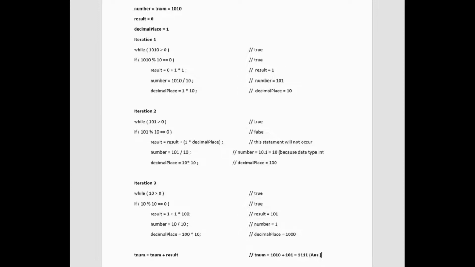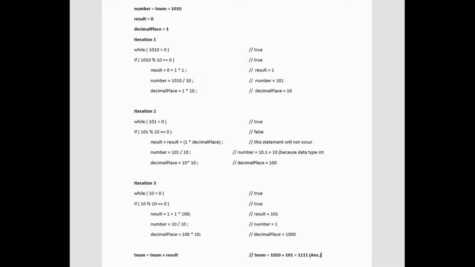The program will again iterate and go to iteration 3, where our value of the number is 10. So while number is greater than 0, the value of the number is 10, so it is true. And then if number mod 10 equals 0, this is also true, because 10 will divide itself.